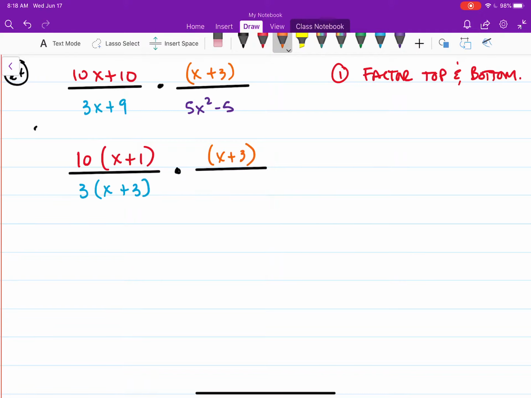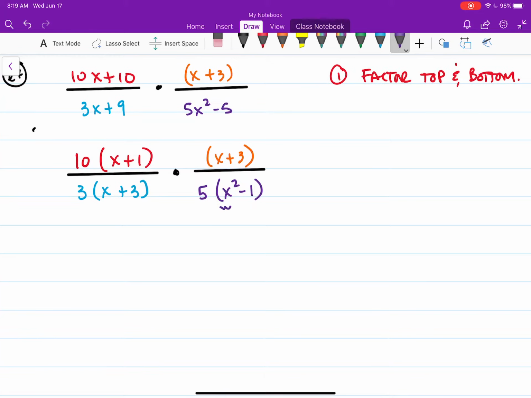The 5x squared minus 5 has a GCF. That's supposed to be purple, not blue. So I got 5, leaving me an x squared minus 1. Then I'm like, okay, so what else do I gotta do? But wait, am I done factoring? No, I'm not. Why is that?